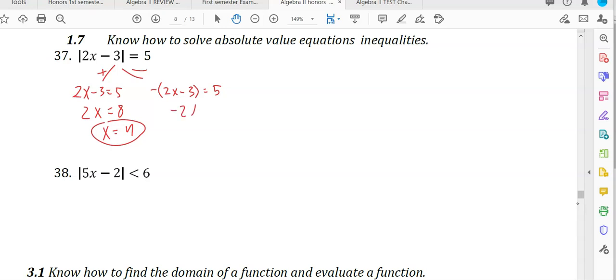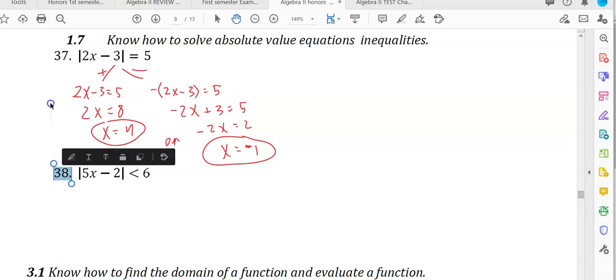You get -2x plus 3 equals 5. So -2x equals 2, x equals -1. And that's what you get. Or technically it is an or statement there, but just put a comma between the two would be fine.